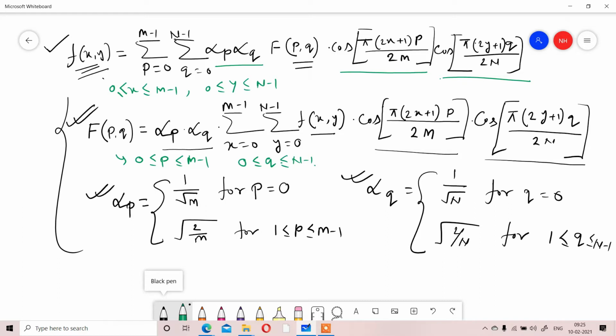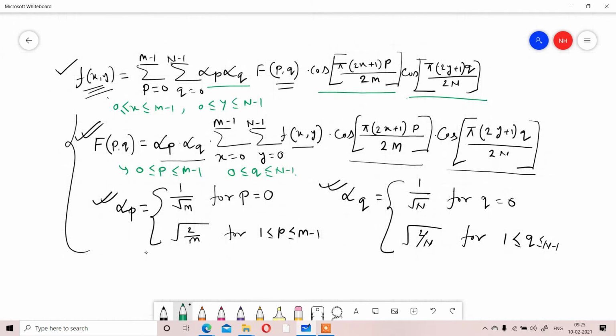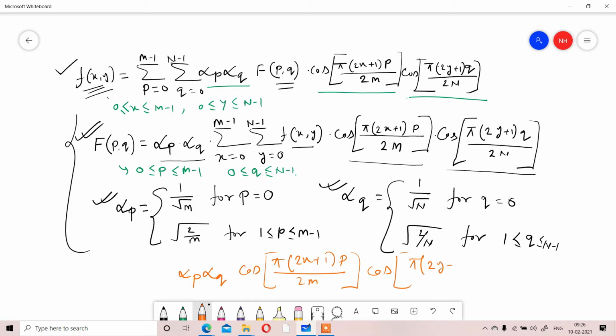So what you have to do, simply you have to write that expression to create the transformation matrix of a discrete cosine transform, and keep in mind that the transformation matrix is fixed. You do not need to change the matrix. The matrix is alpha p alpha q cos of pi 2x plus 1 p by 2m, cos of pi 2y plus 1 q by 2n.